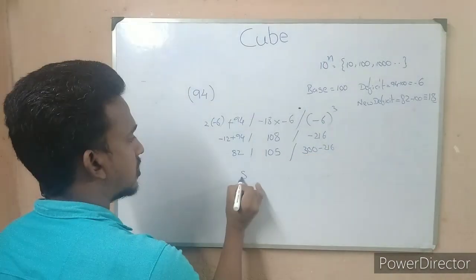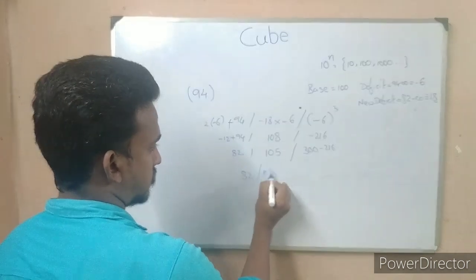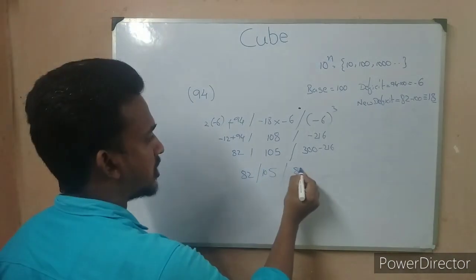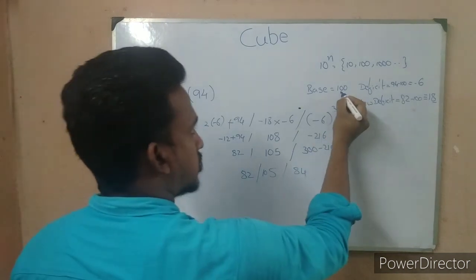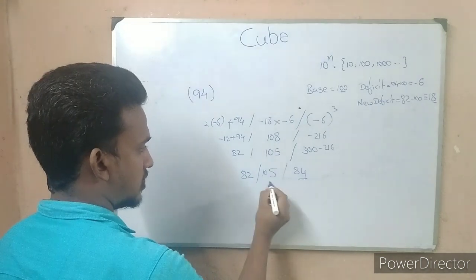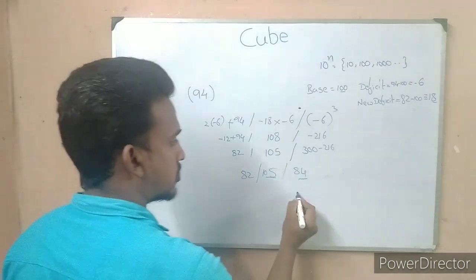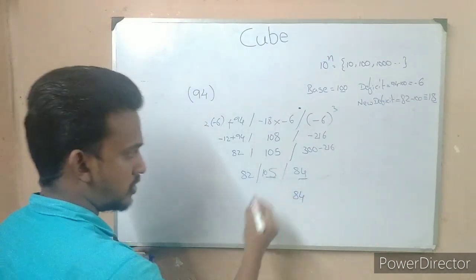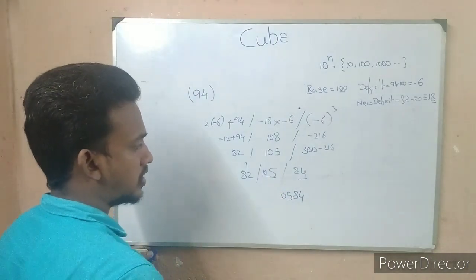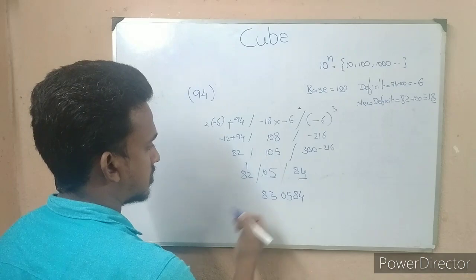So the terms are 82, 105 and 84. There are 2 zeros in the base, so there should be only 2 digits in each set. So 84, and the 05 we carry over here, making 83.